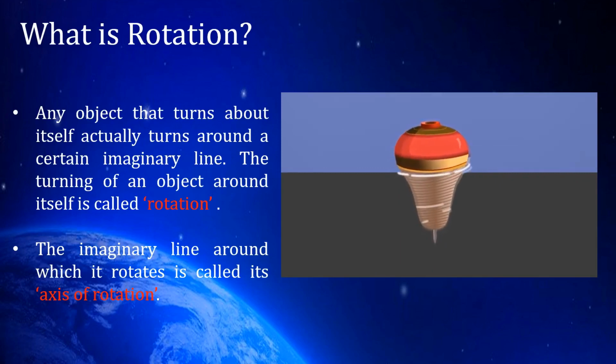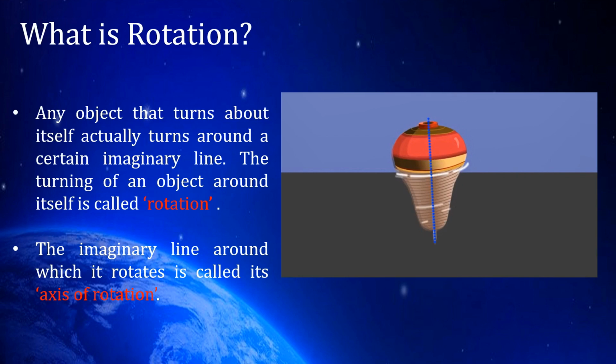Children, any object that turns about itself actually turns around a certain imaginary line. The turning of an object around itself is called rotation. Okay, the top is turning around itself. So this is called rotation.